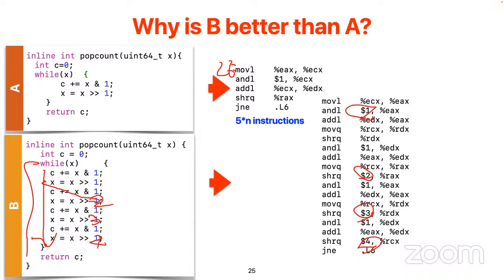And where do you learn this? Lab 3. If you go through your lab 3 carefully, you'll figure out this compiler optimization is pretty common. If you enable it, this data dependency will be gone. That's why you see 1, 2, 3, 4 come up with a shift instruction.